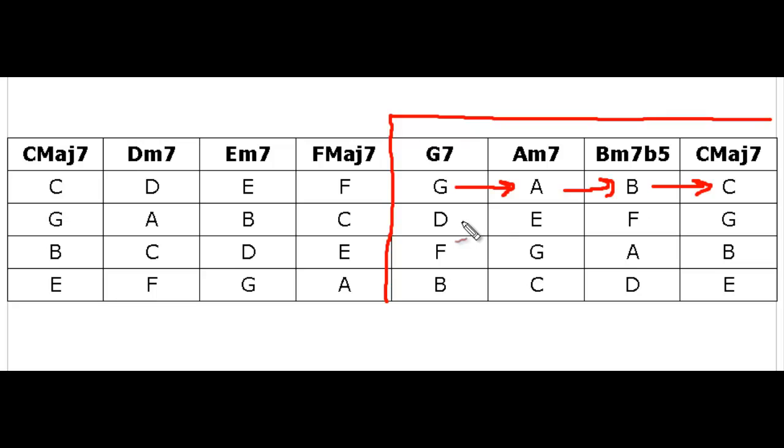The notes on this line will move along the 3rd string of the guitar, D moving to E, E moving to F and F moving to G. The notes on this line will move along the 2nd string of the guitar.